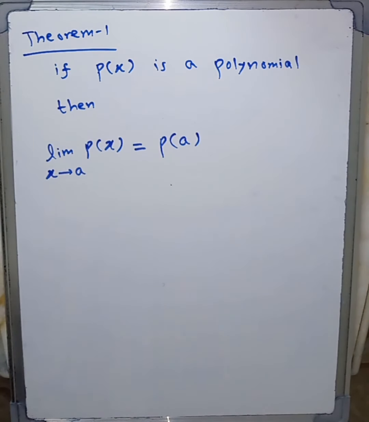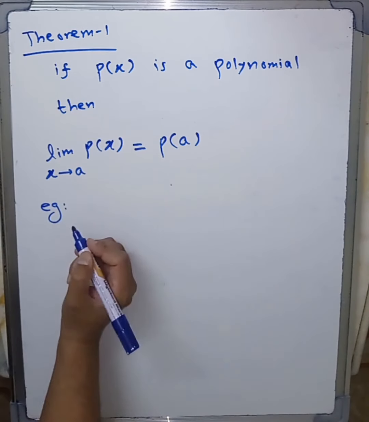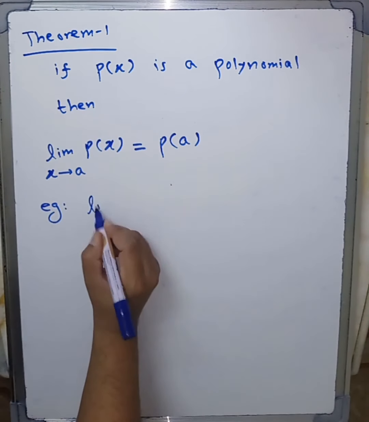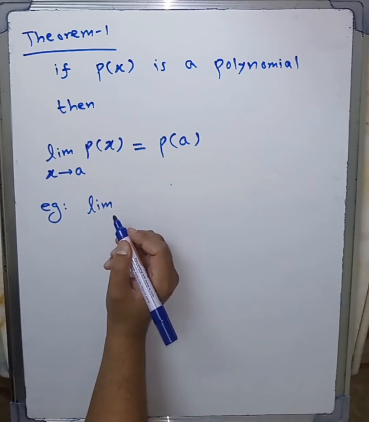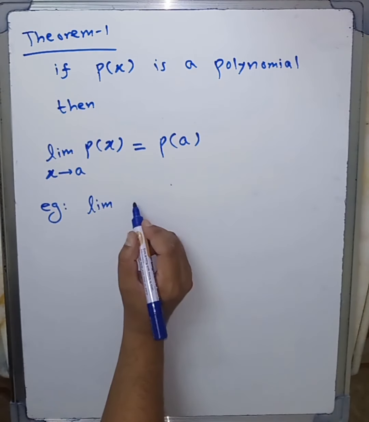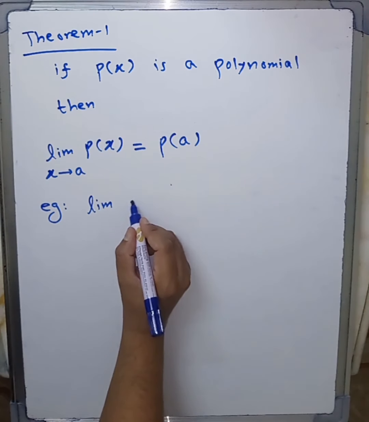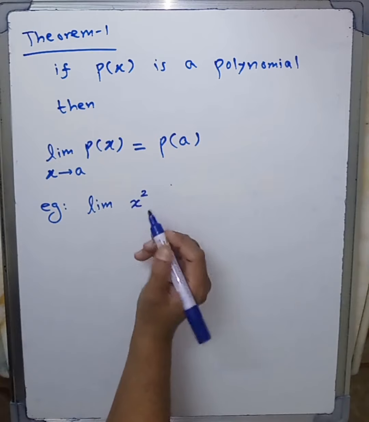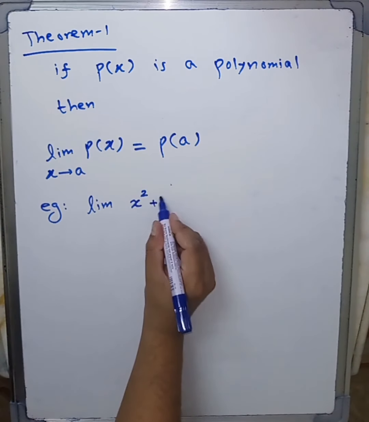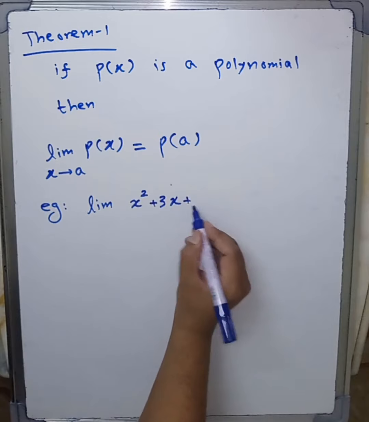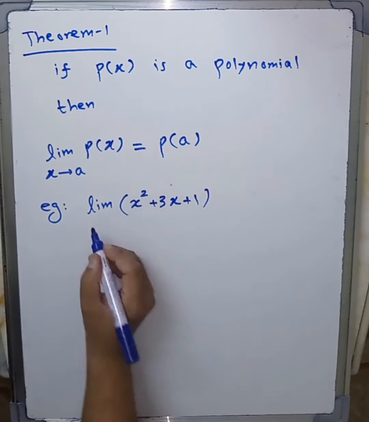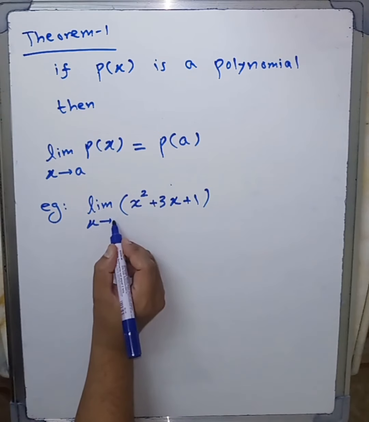Let us try to understand this using a simple example. Let us take limit of a quadratic polynomial, that is a polynomial of degree 2. Let us take a simple polynomial, let's say x square plus 3x plus 1 as x tending to 4.